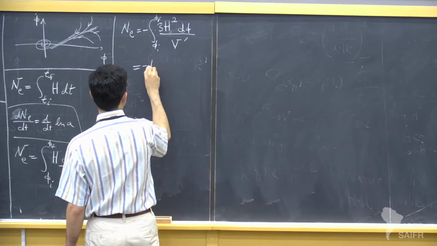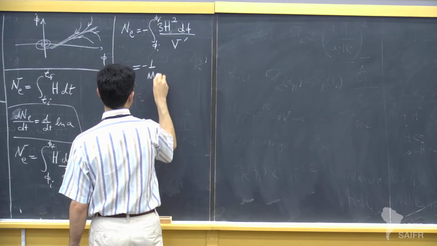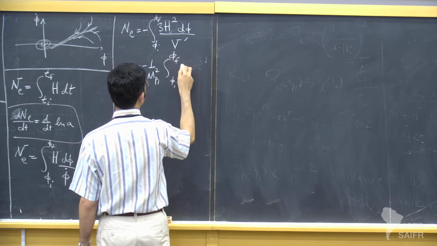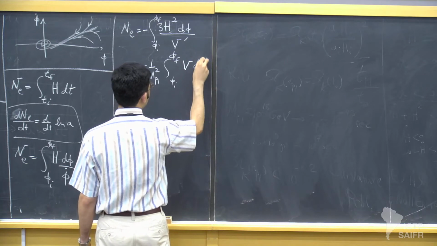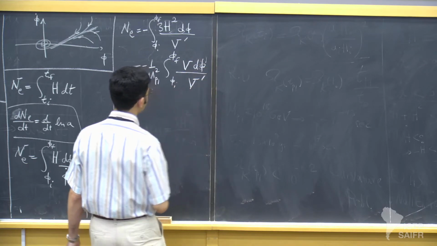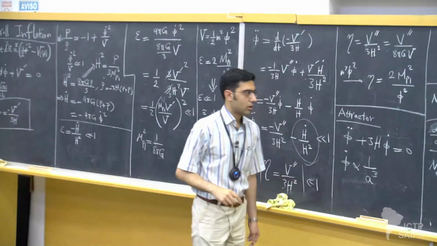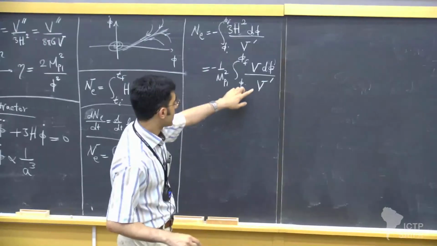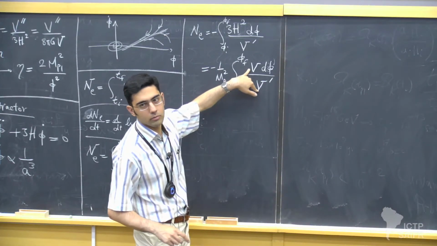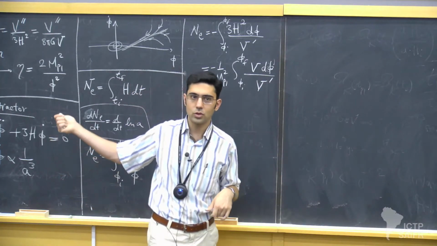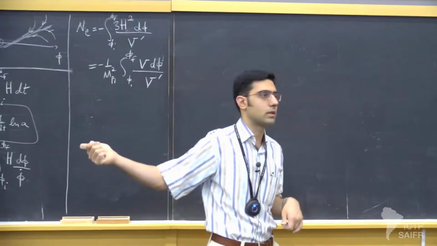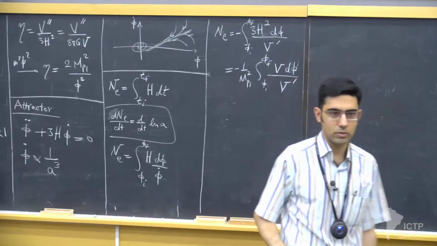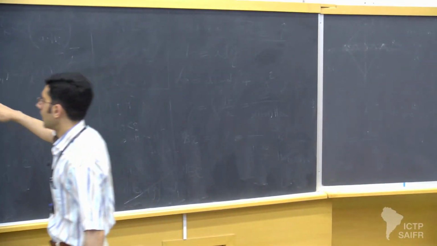So I get minus 1 over m Planck squared, integral from phi_i to phi_f, V d phi over V prime. Okay, now we can evaluate this. So note that this V prime over V is closely related to this slow roll parameter, right? This slow roll parameter was something like V prime over V squared times m Planck.